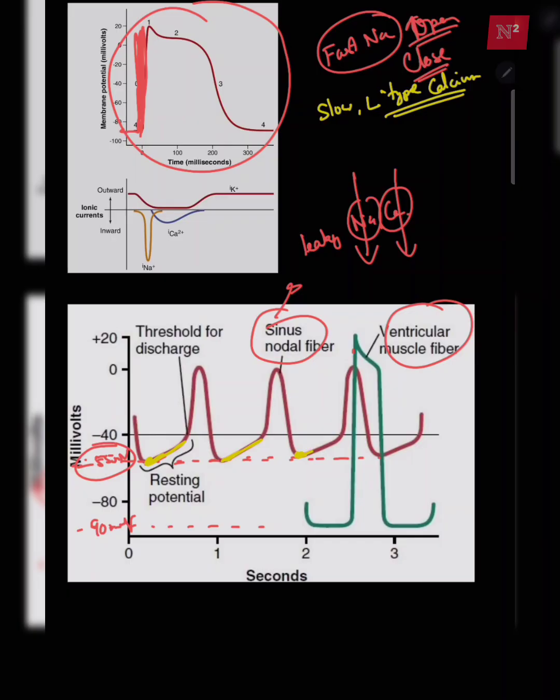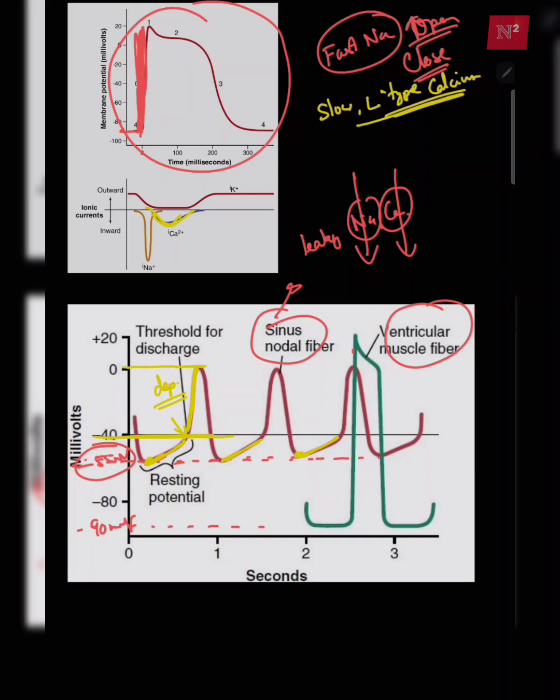This slope is achieved because it takes time to reach the peak. As it reaches the peak, you will get a steeper curve. At this point it crosses -40 millivolts, which is the firing level or threshold for discharge, and you get the depolarization phase of the action potential of the cardiac pacemaker cell.